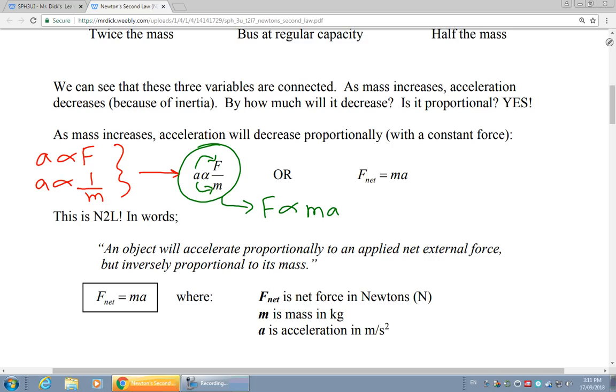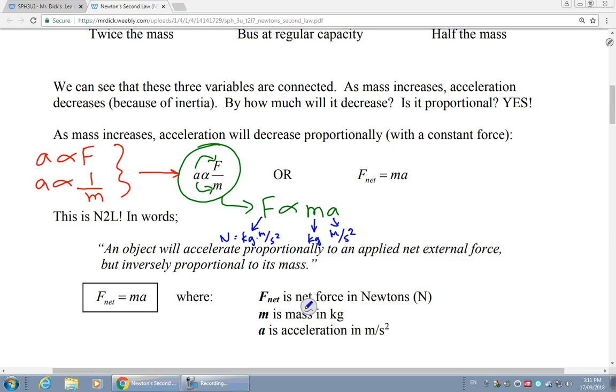So let's think about this. We've got units of kilograms for mass, and acceleration is in meters per second squared. Well, we know that force is in newtons, but a newton, we talked about, really is a kilogram times a meter per second squared.